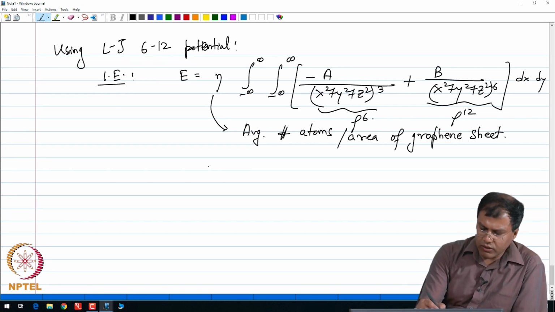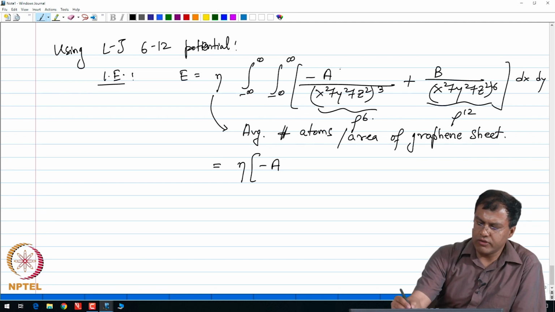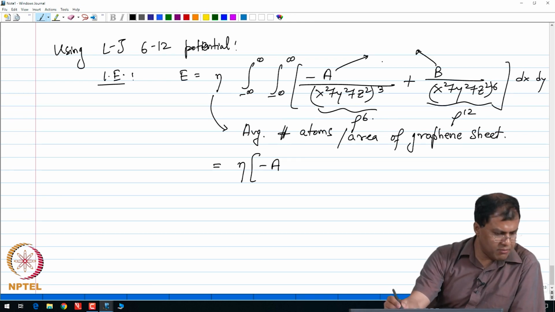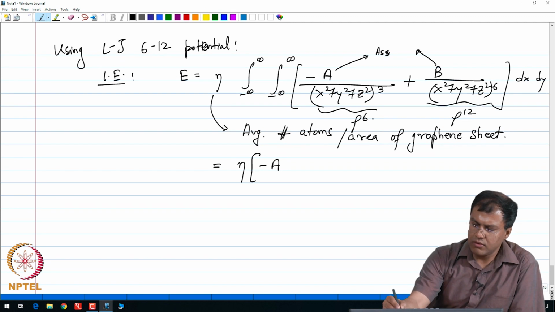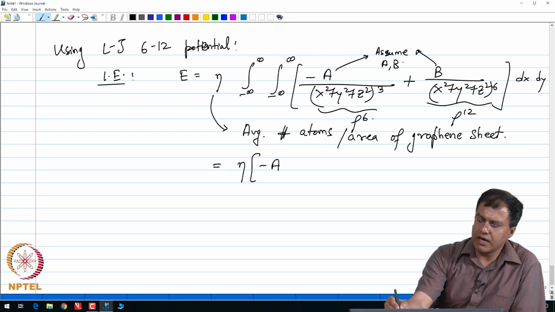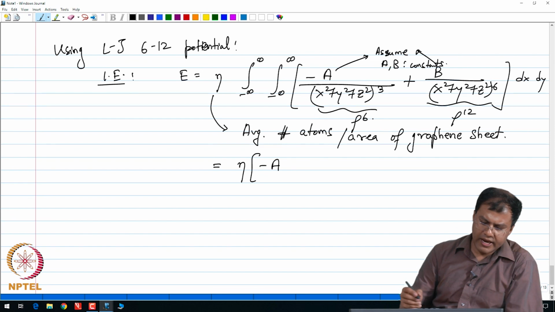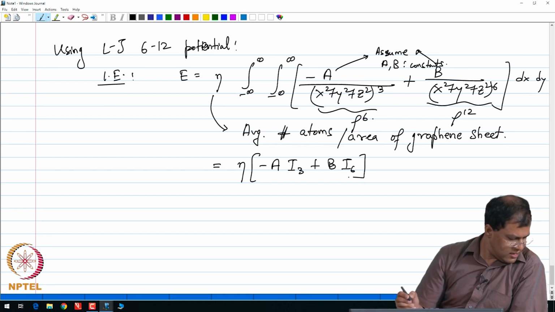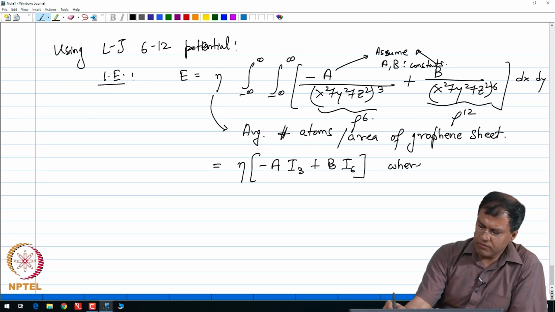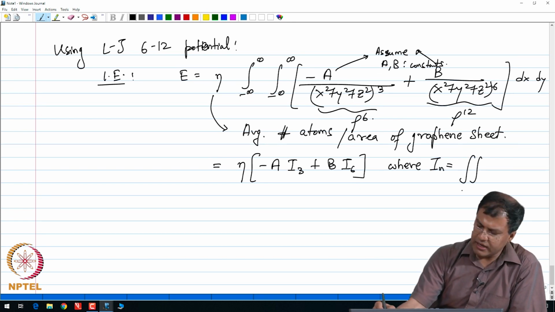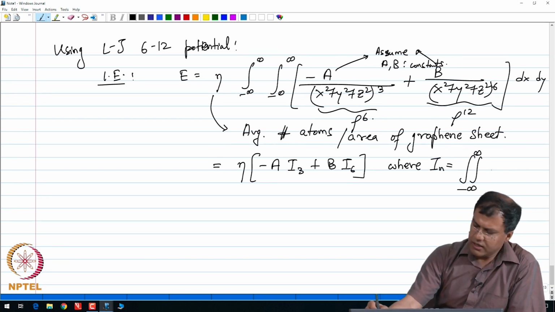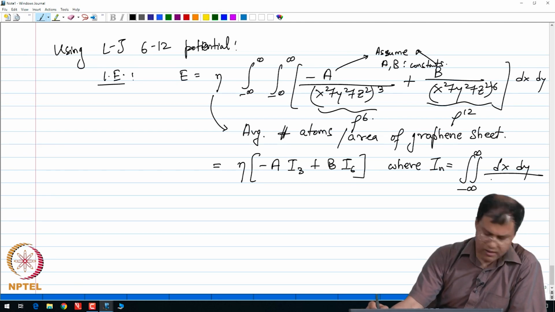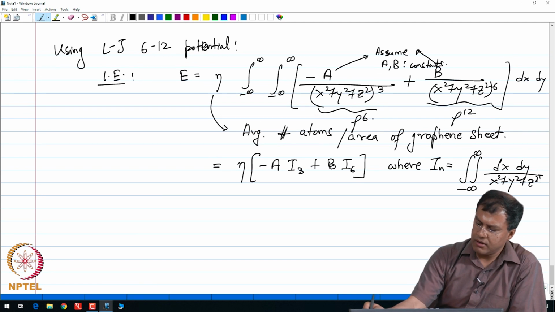I can write this as eta times minus a I 3 plus b I 6, where a and b are my constants, and where I n is the double integral from minus infinity to infinity of dx dy by x square plus y square plus z square to the power n.